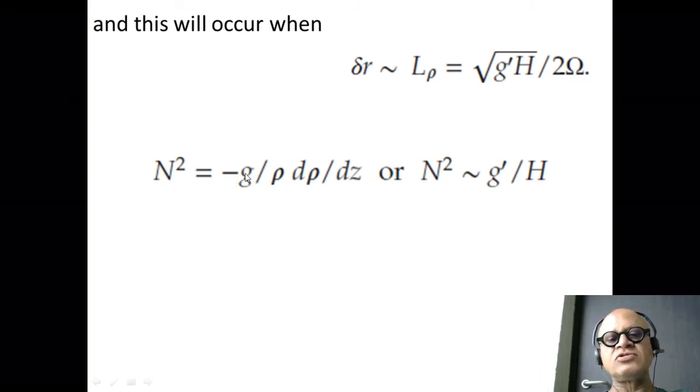So obviously it looks like minus g over rho d rho dz, and replacing d rho dz with our equations as we derived before, N squared just becomes g prime over h, so delta rho over delta z. Okay, so N squared is minus g over rho delta rho, and that is g prime.